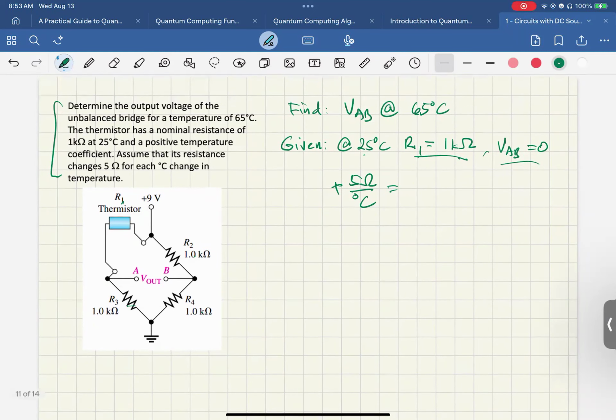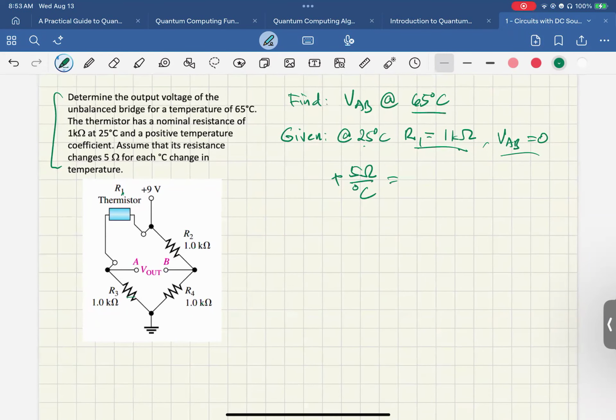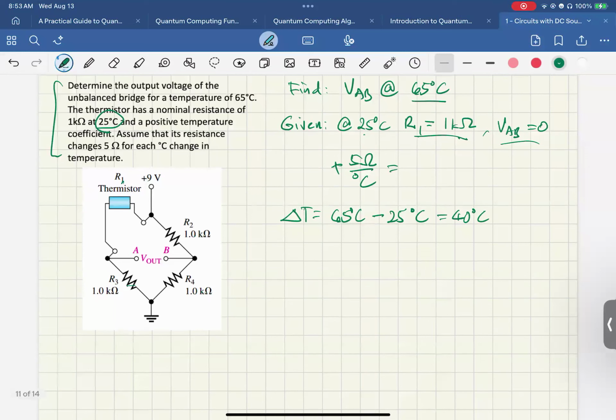We're looking at a temperature change between 65 degrees Celsius and 25 degrees Celsius. So our delta T is 65 degrees Celsius minus 25 degrees Celsius, that's 40 degrees Celsius. What is the equivalent resistance change? Again, for every degree Celsius, the resistance increases by 5 ohms, and we know it increases because the temperature coefficient is positive.